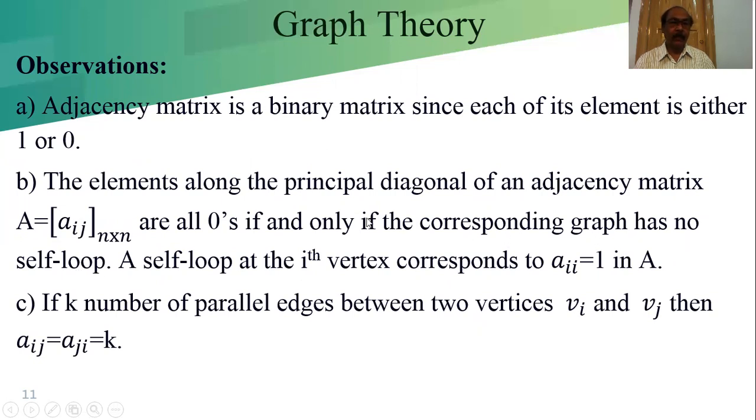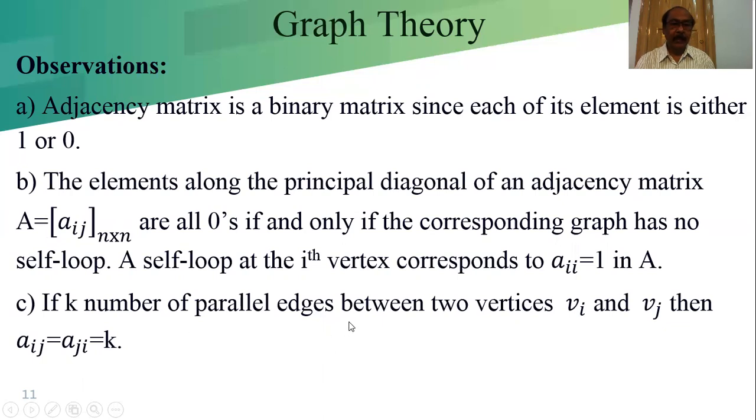If any diagonal elements are not 0 and have value 1, that means the corresponding vertex or vertices have a self loop. If Aii equals 1, that means the vertex Vi has a self loop.